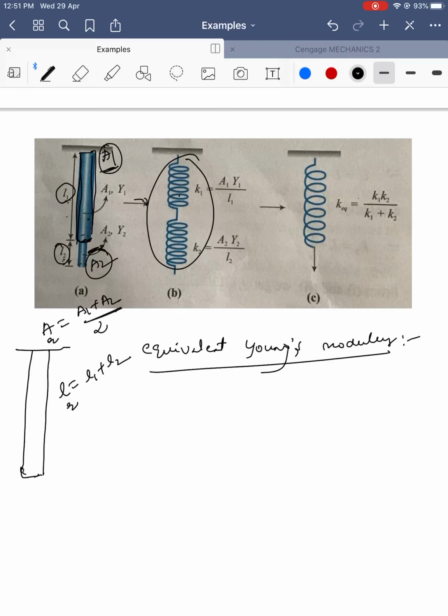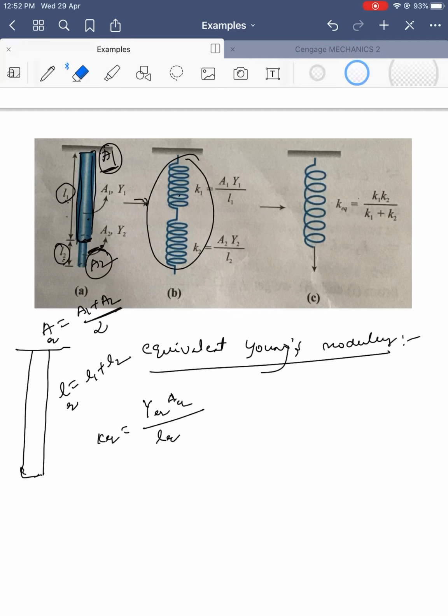What is the K equivalent formula? Y equivalent into A equivalent by L equivalent. Now Y equivalent is what we need to find.